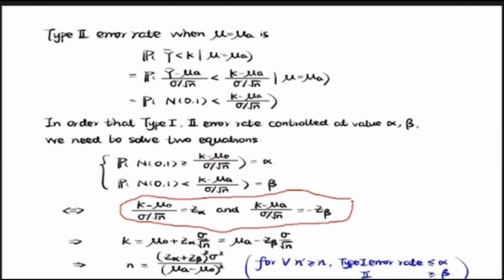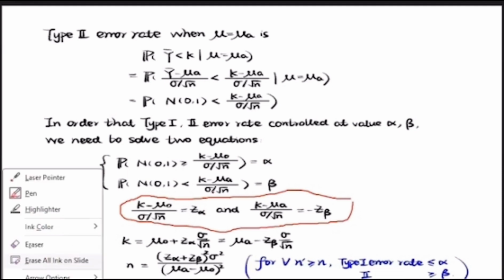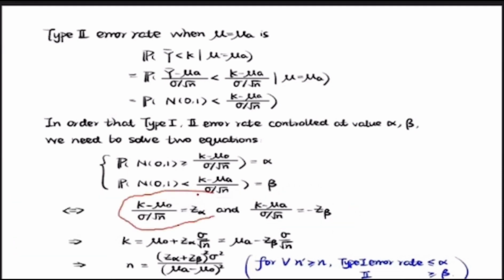And don't forget, from any of the two, you're actually going to see k is going to be the same. From this one, k is going to be equal to this. From here, k is also going to be equal to that. Then we can equate them.